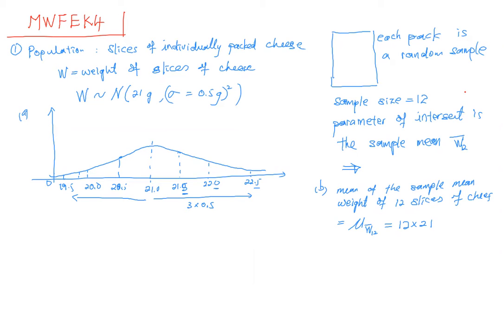We are not talking about the sum. Am I right? So Ashley, may I know what is the answer? 12. 12, how do you get 12? The sample size? Is the sample size the mean weight? Sample size is n.